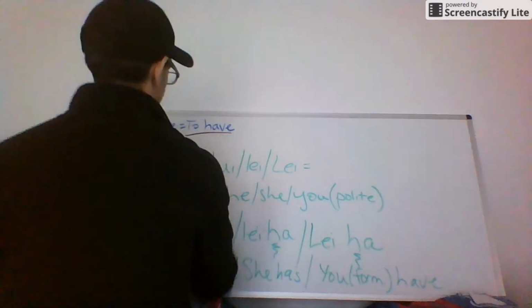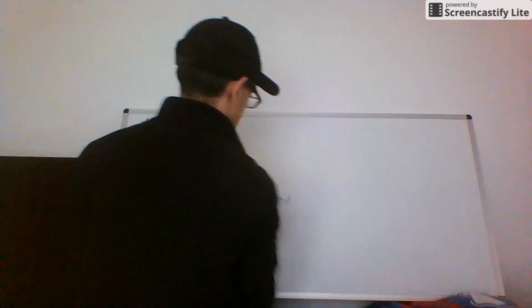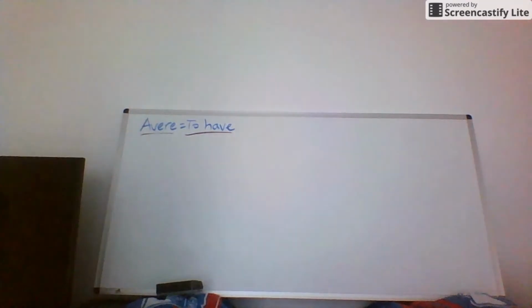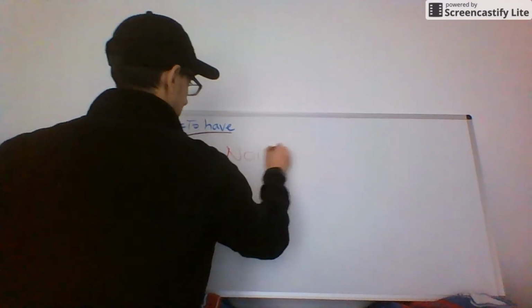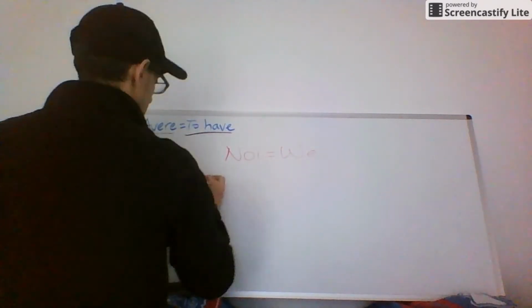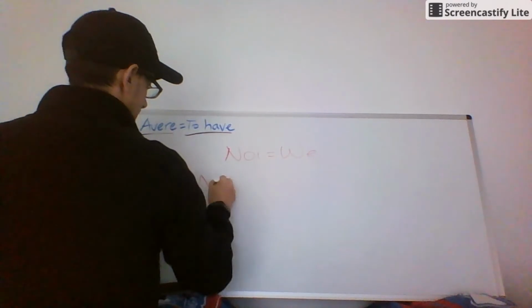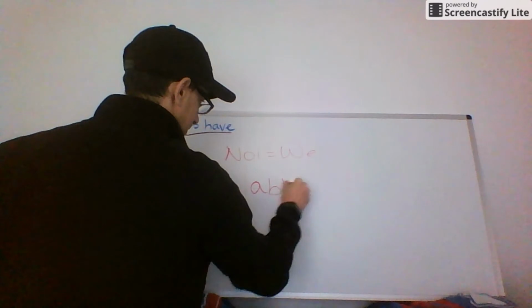Okay. Now we jump into the plurals. Let's use red. Noi is we. So if you wanted to say we have, noi abbiamo.